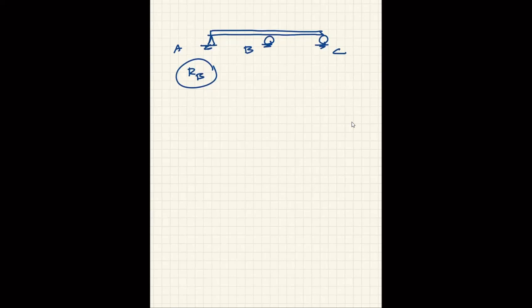Basically, what I want is the magnitude of RB when I place the unit load anywhere on this structure, correct? So RB, it's the magnitude of RB when, say, the unit load is placed anywhere.